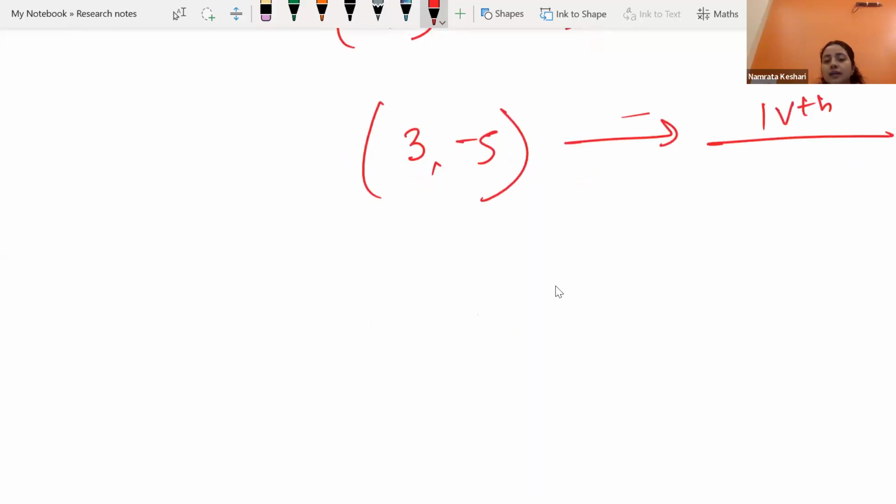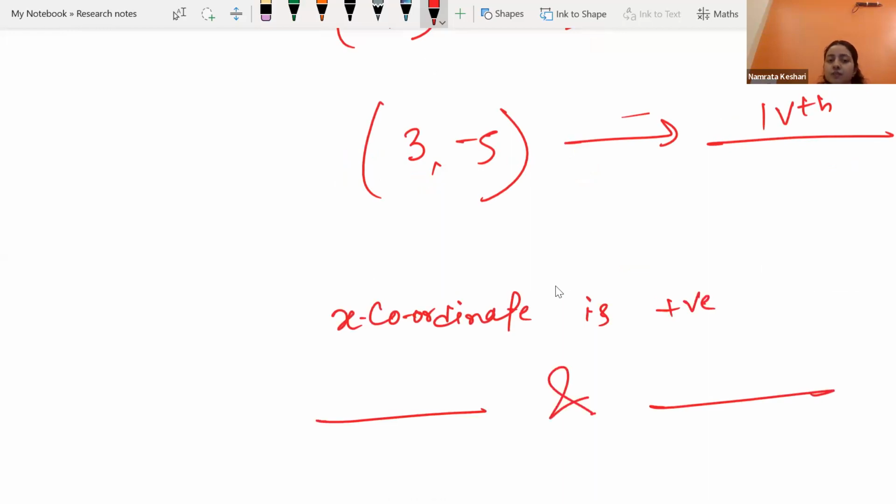In which quadrants is the x coordinate always positive? First and fourth. Okay, these types of questions can come from the coordinate geometry chapter.